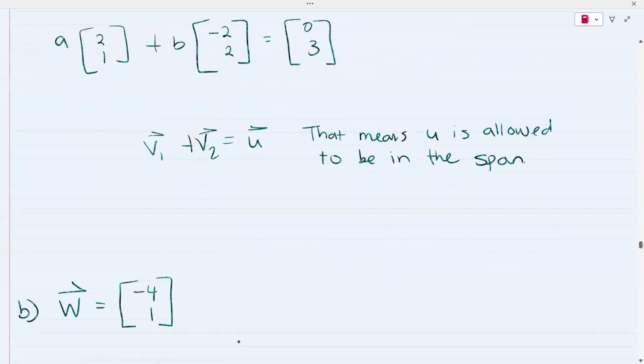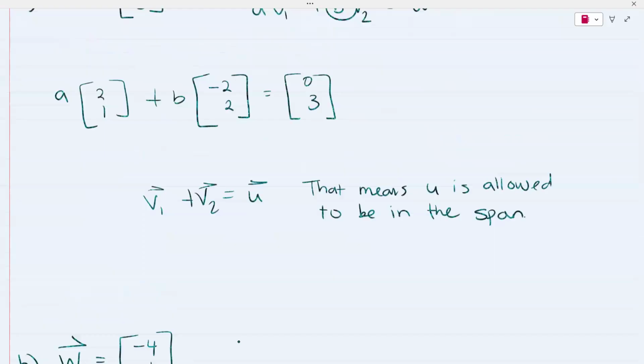So what we're going to do is set it up like this. We're going to make it as a consistent matrix.